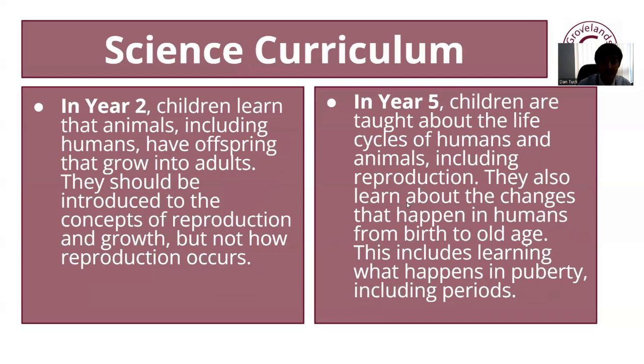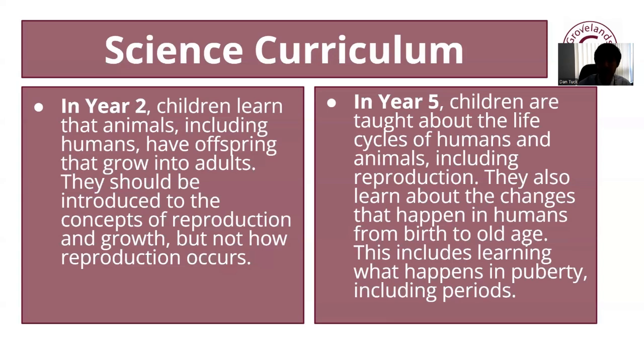So the science curriculum is statutory, as I've said. Now, in year 2, the children will have learned that animals, including humans, have offspring that grow into adults. They've been introduced to the concepts of reproduction and growth, but not how it occurs. As children move on to year 5, they will learn about the life cycles of humans and animals.